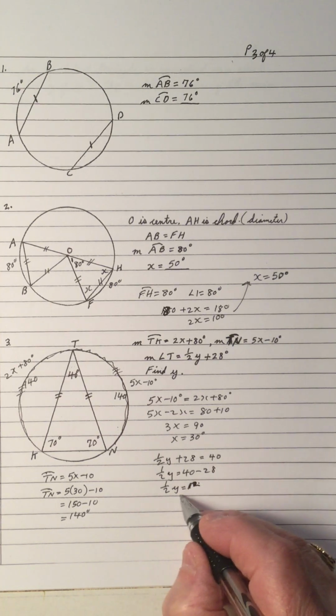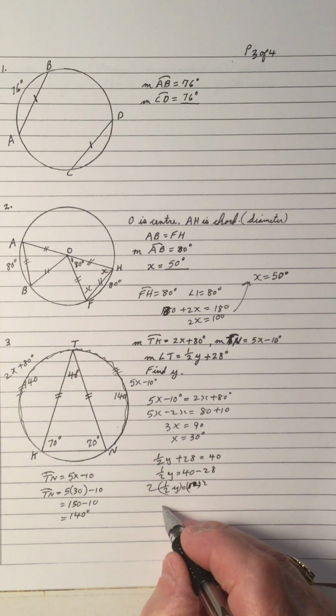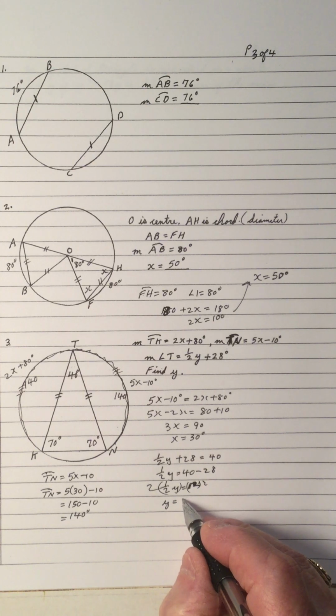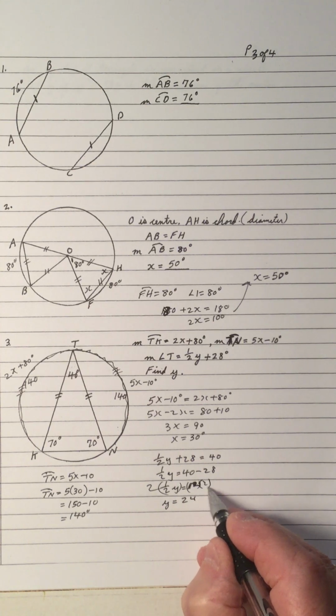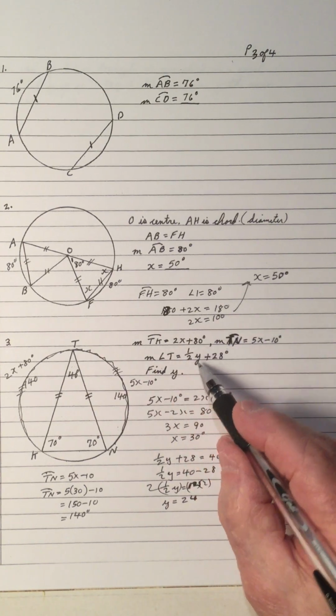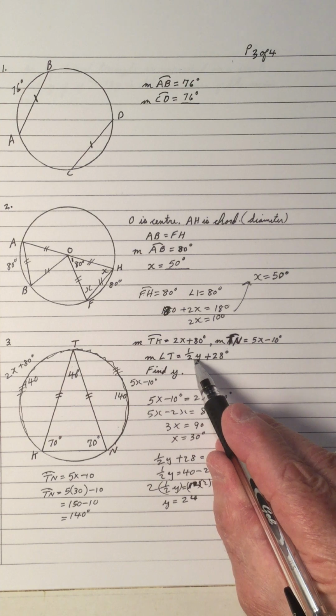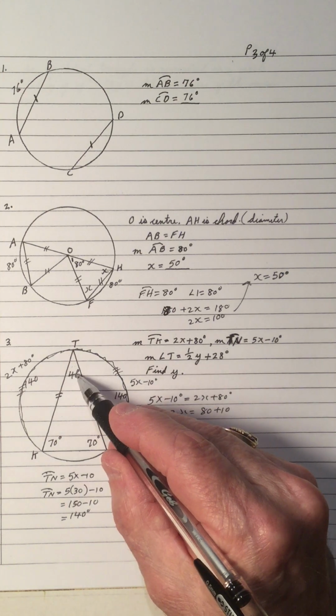You multiply both sides by 2 because I got a fraction. So y equals 24. 12 times 2 is 24. So when I put 24 in here, half of 24 is 12, and 12 plus 28 makes 40.